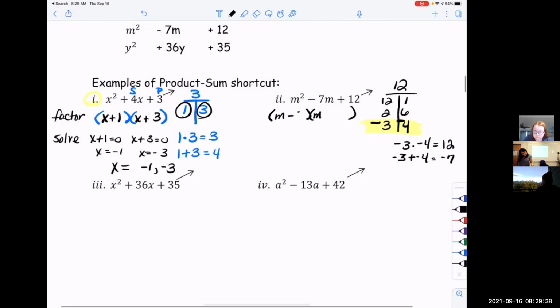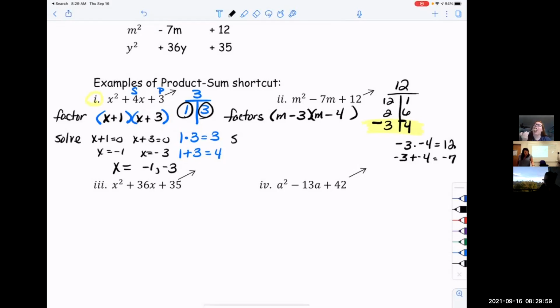And then I want -3, -4. No, you mean m-4 and m-3? Because multiplication is commutative. You can turn it around. Okay. All right. So what if they said, those are the factors, that's factored, but what if they say solve? Flip the sign. I'll go to that in a minute, but right now it's kind of new. So m equals 3 and 4.